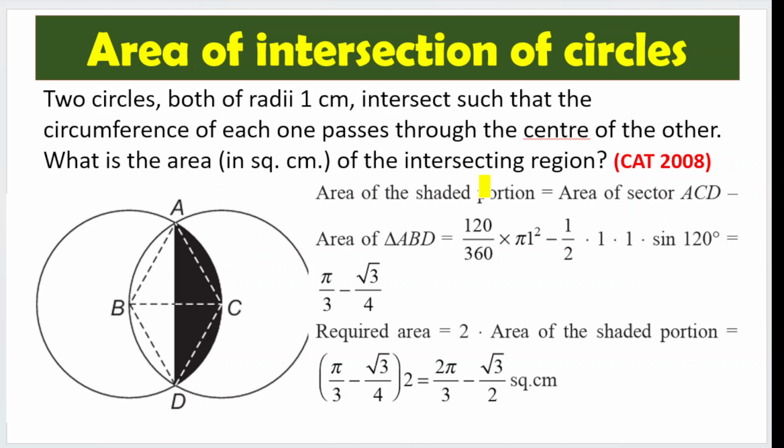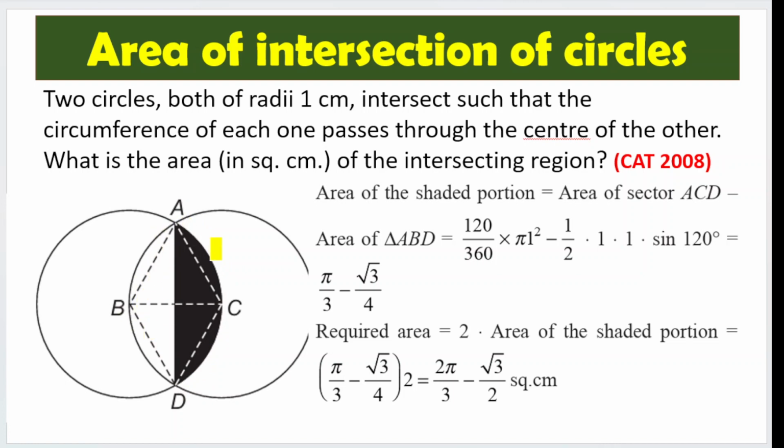What is the area of the intersecting region? We want to find the area of this entire region. Now, how to find the area of this region? It is very easy. If you see, this region has got a sector and a triangle.